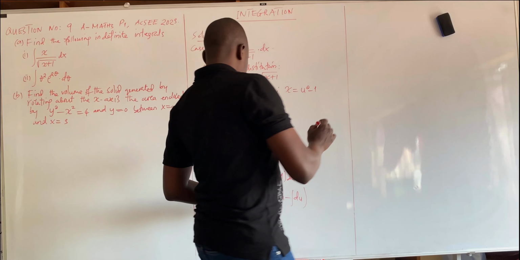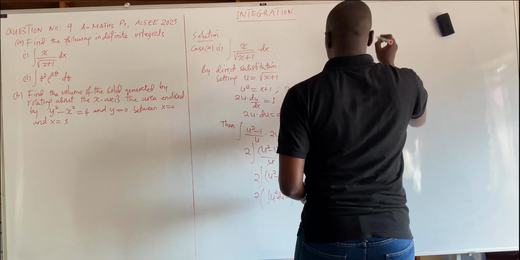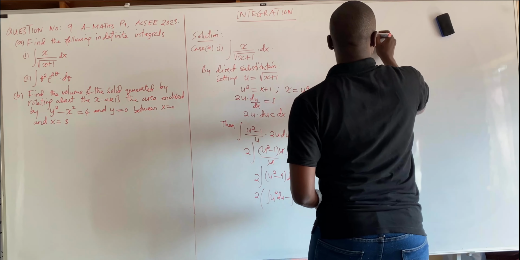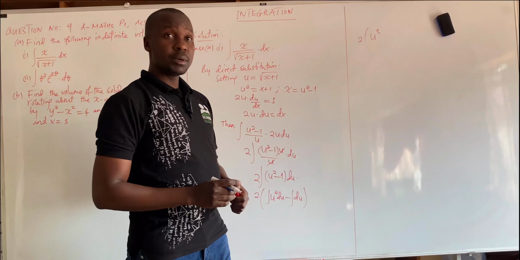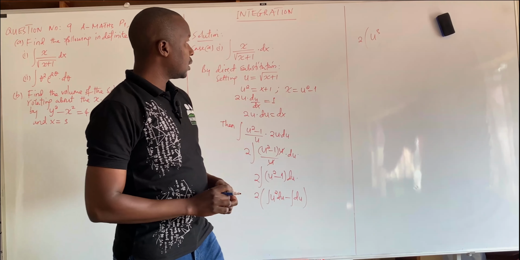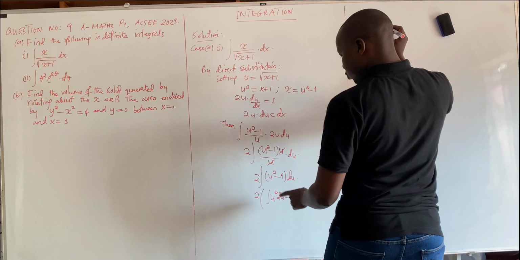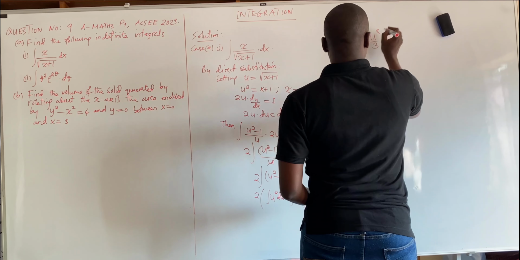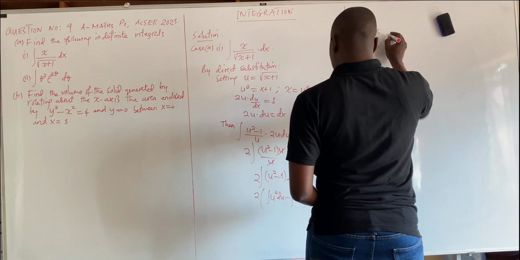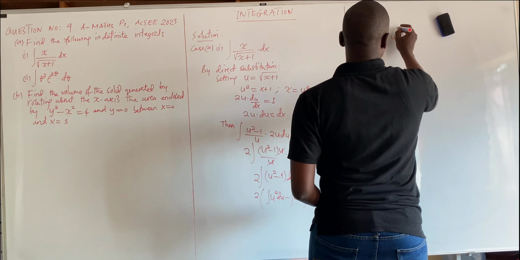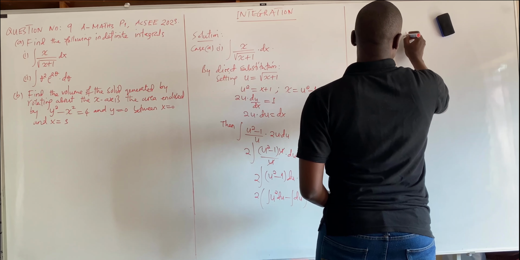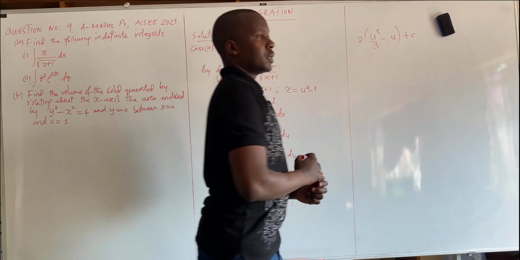We just increase the power by 1. So u squared becomes u cubed over 3, then we minus u, then we add the constant c.